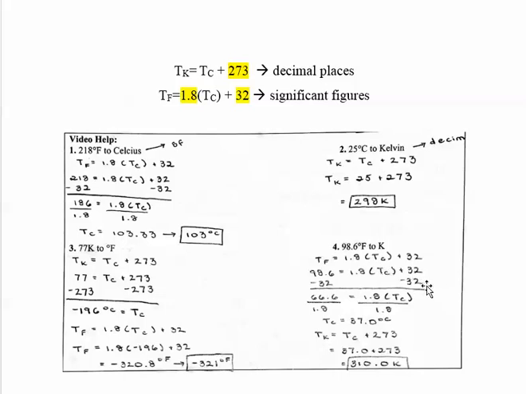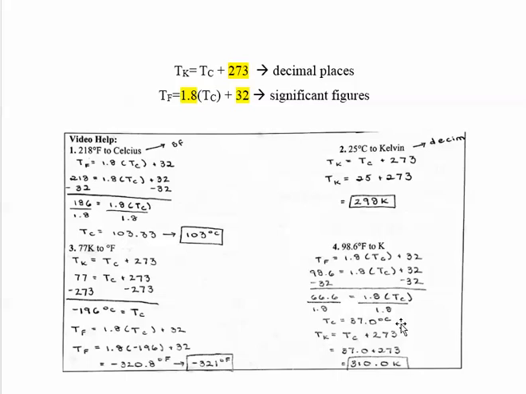So I solve for TC by subtracting 32 from each side, dividing by 1.8, and I get 37.0. Now the reason why I put 37.0, since I'm doing my Fahrenheit to Celsius conversion, I need to be looking at significant figures. 98.6 is 3 sig figs, therefore this answer has 3 sig figs as well, 37.0 degrees Celsius.